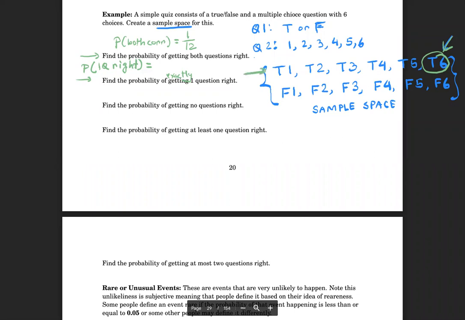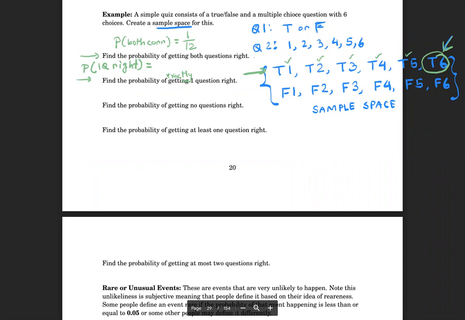If you selected the first row, how many times would you get one question right? If you responded T1, you'll have one right, T2, T3, T4, and T5. There are 5 different ways you will get exactly one question right.